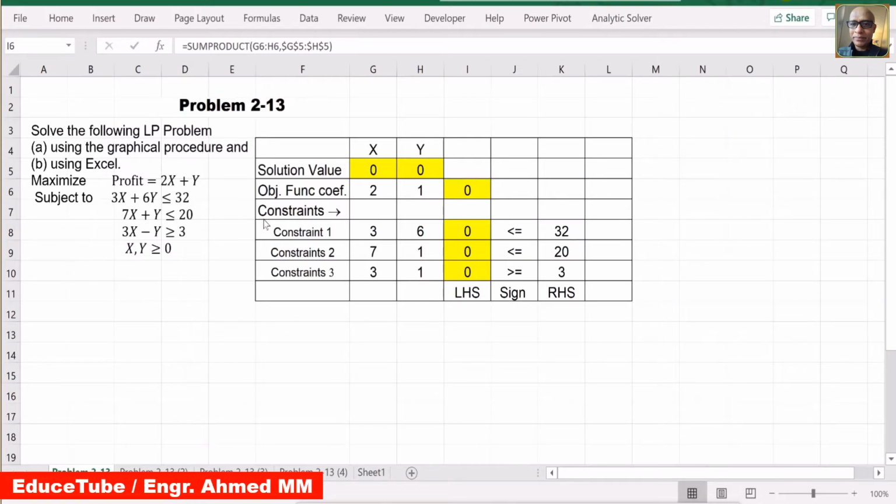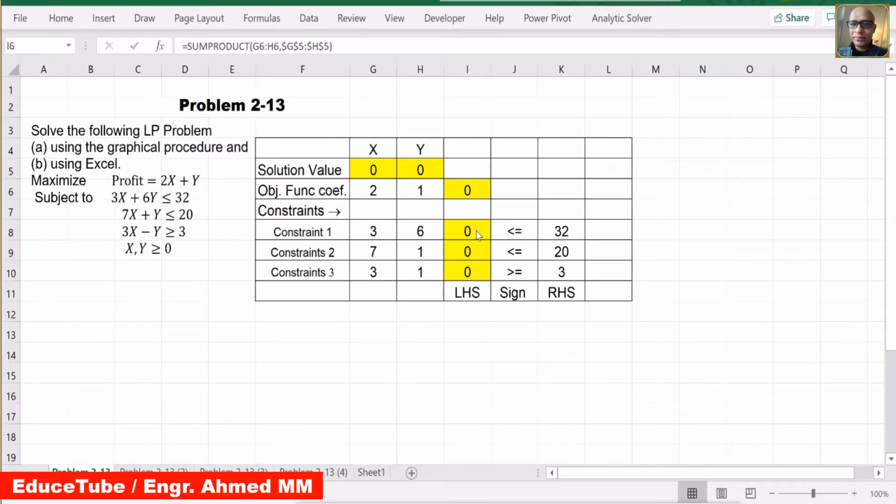Here there is a sign, less than or equal to or greater than or equal to, and the right hand side is taken from the constraint equations as 32, 20, 3. Now for these yellow marked cells, we have to find the values.